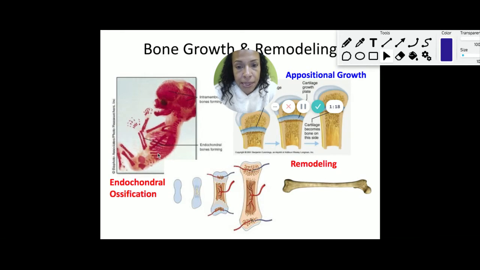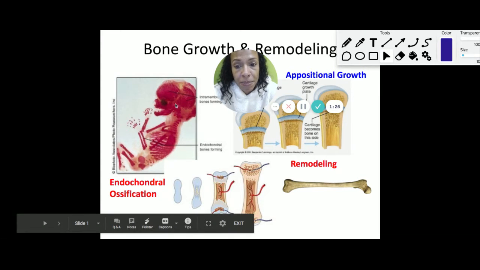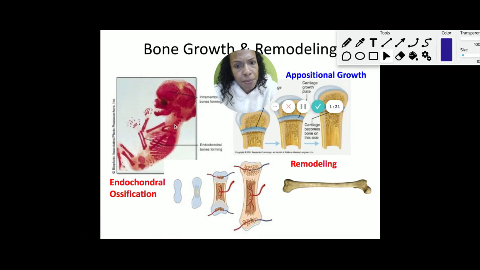So this cartilage is the same as what you would find making up a shark skeleton, if you know comparative anatomy or marine biology. And so it's very bendy and flexible and strong, but it's not very hard, and it can't withstand a lot of weight, right? Thus, it works for the shark, but not really so much for a hominid.